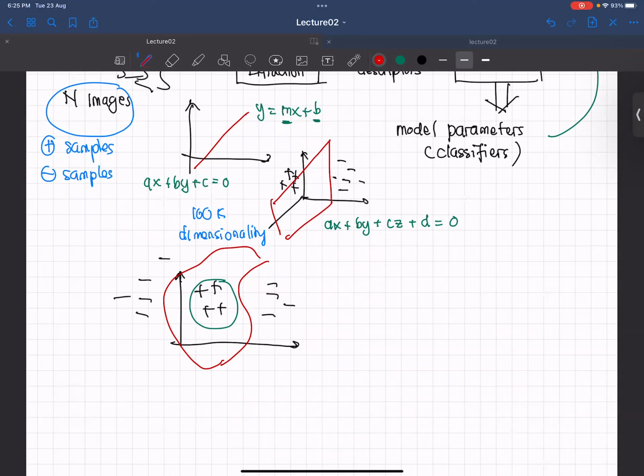Now, what is the best negative that you have to select? What are the negative samples in the first place? It's called non-face, right? What does it mean by non-face? Non-faces imply anything in the world that is not a face.